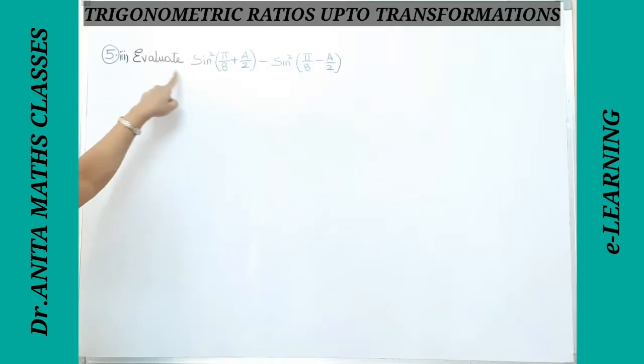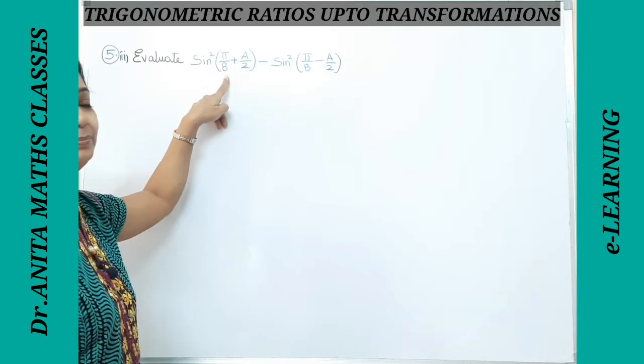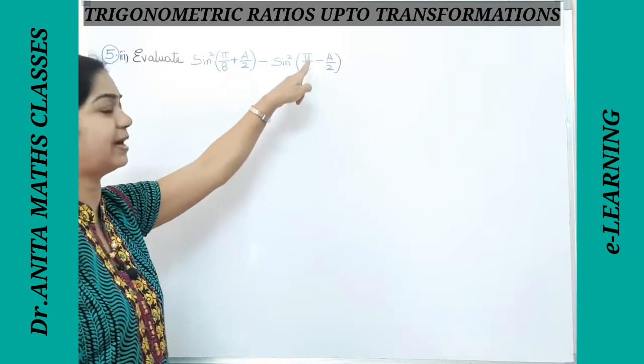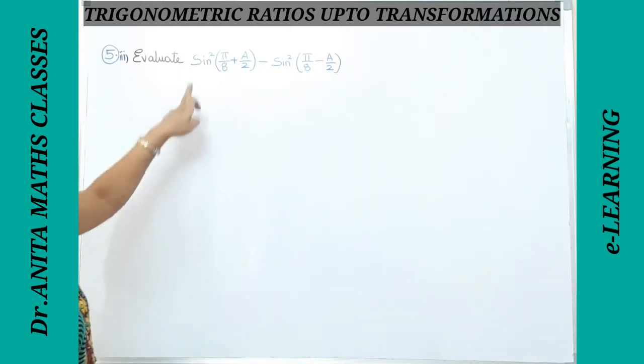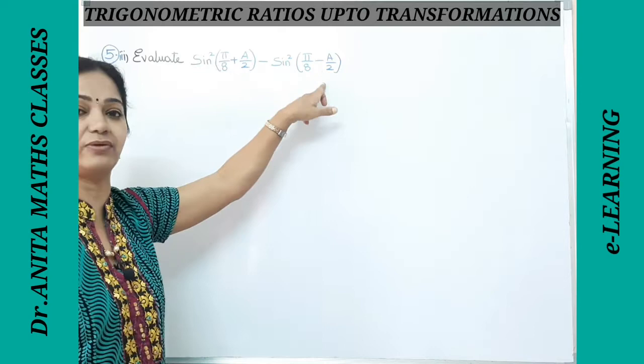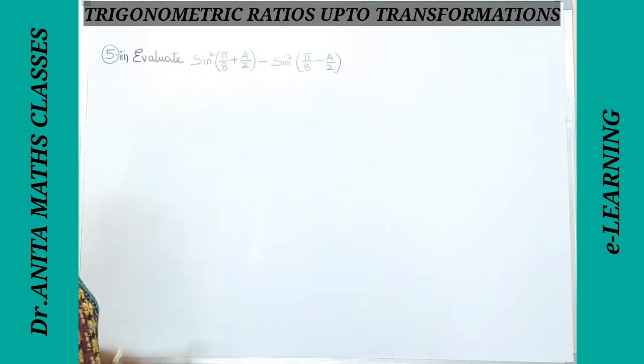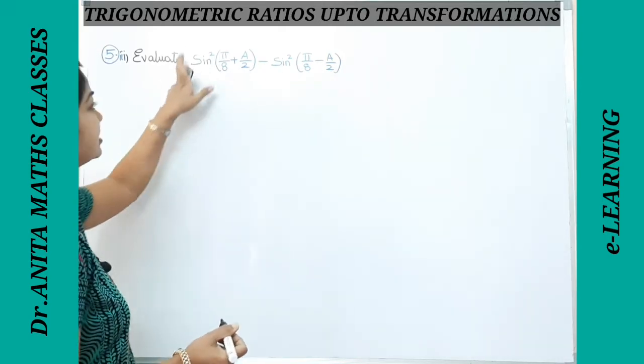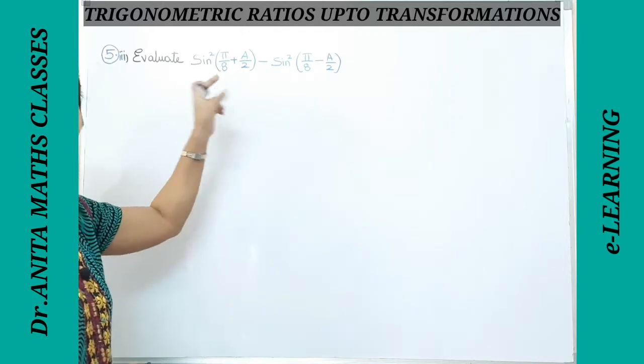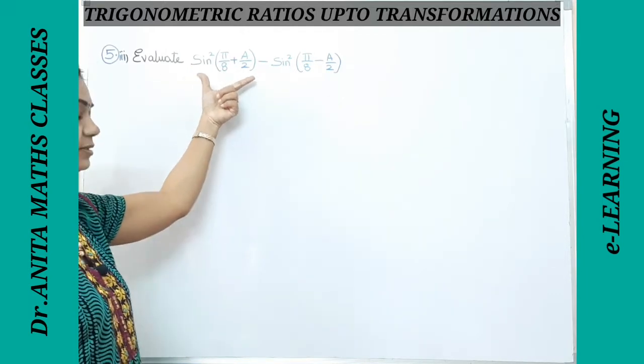Now here the third one is sin square of pi by 8 plus a by 2 minus sin square of pi by 8 minus a by 2. Here sin square of this and square of this. Here there is a negative sign, there is a positive sign here. What we will do, this is the whole square, and we will simply expand the compound ratio like this.